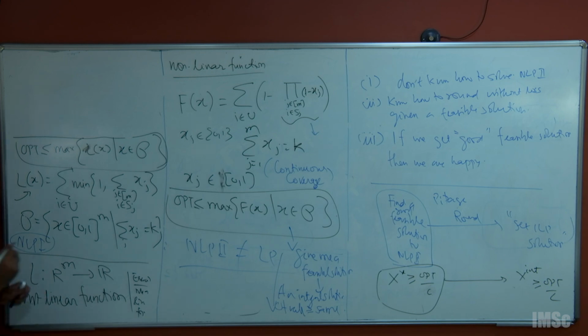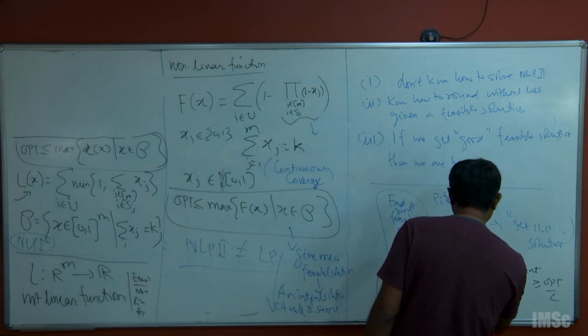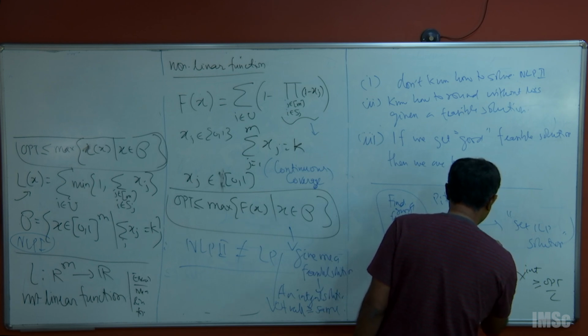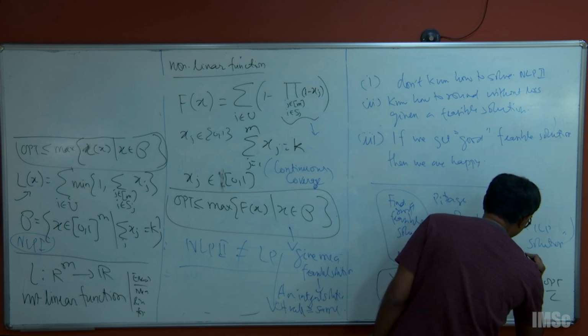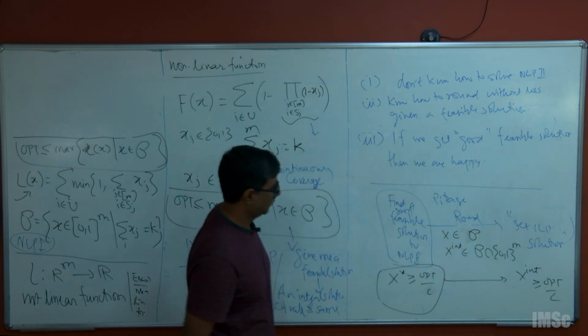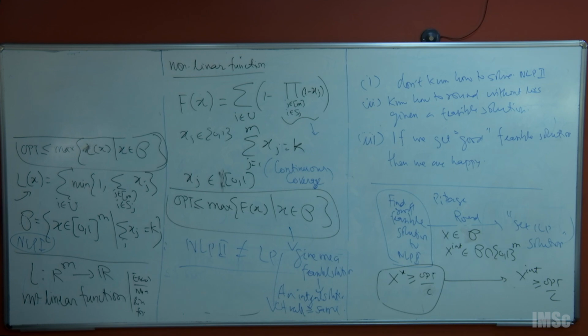So what does Pipage rounding give? Given x in P, it returns an x integral in P intersection {0,1}^m with some property. That is what Pipage rounding does.